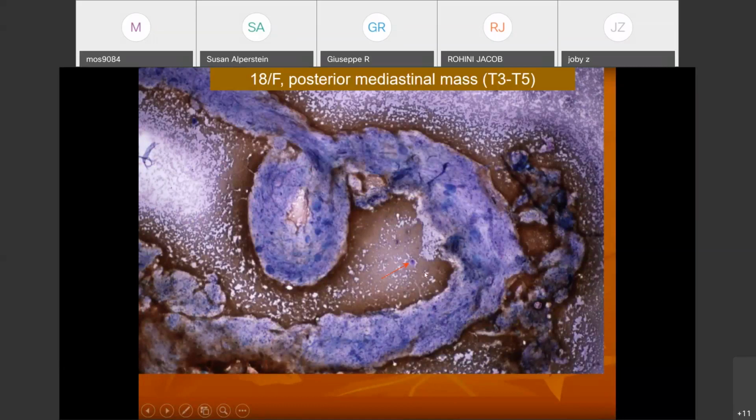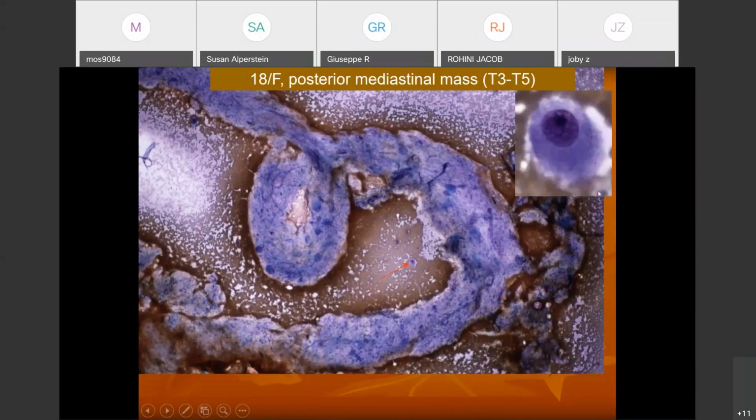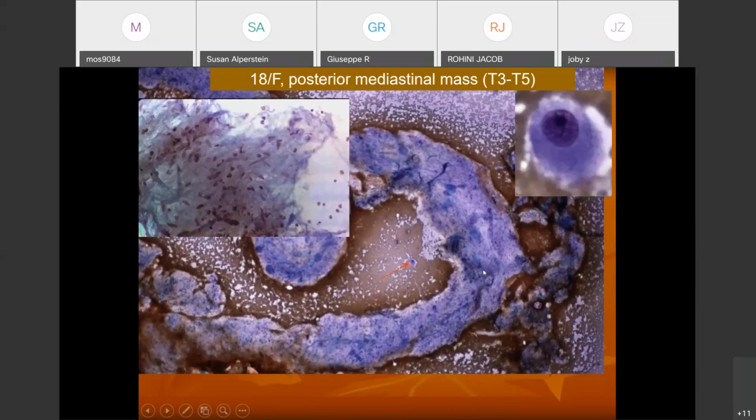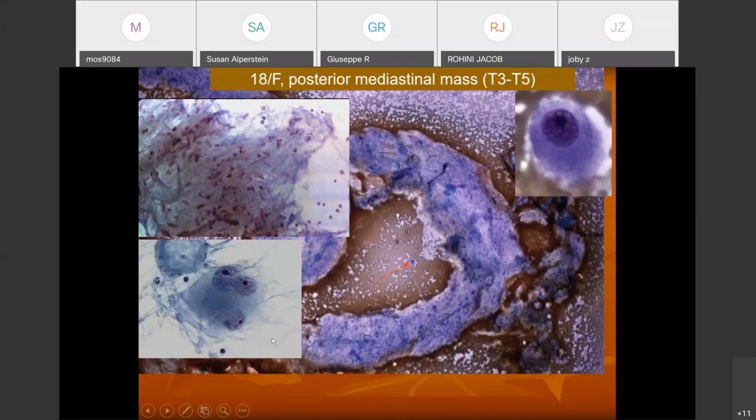This is a case I had at Cornell, 1992 or 93. Yes, ganglion. Those are stroma, ganglion. So it's a nice example of ganglioneuroma.